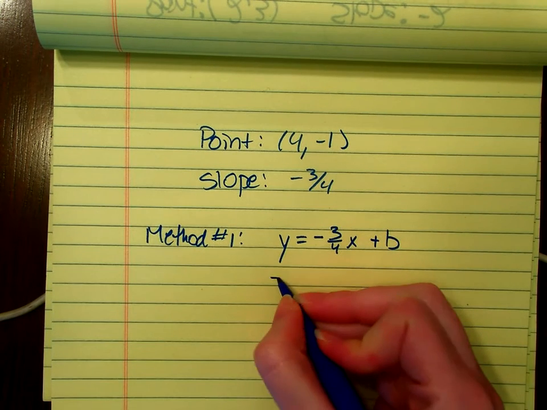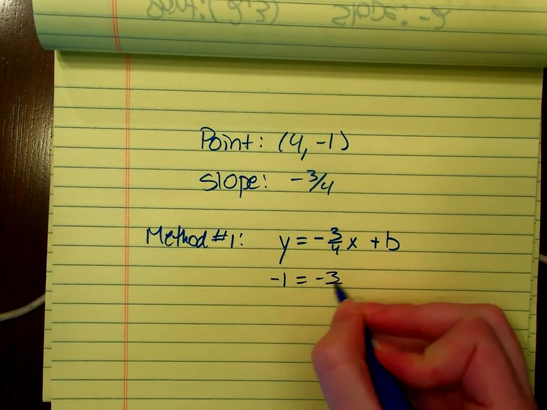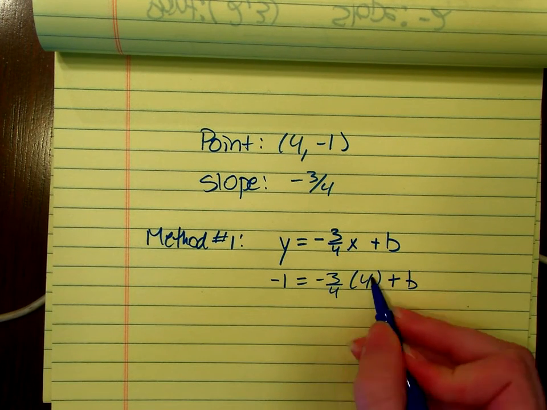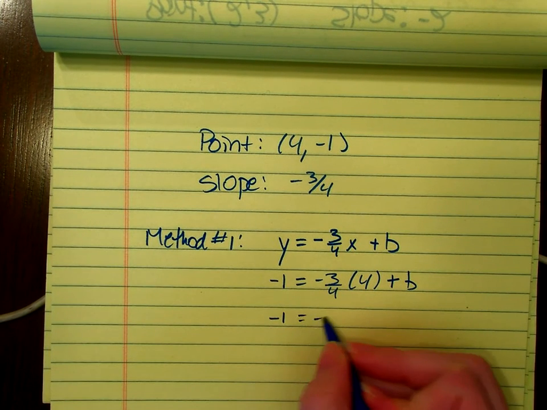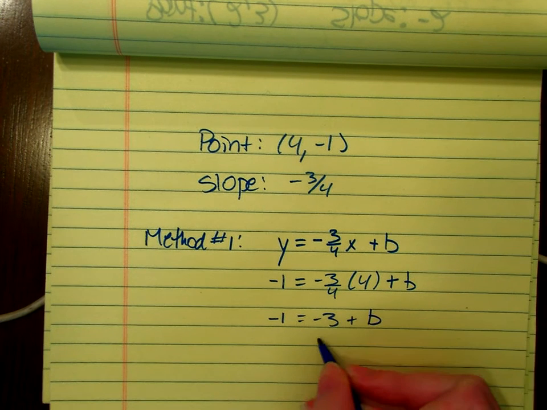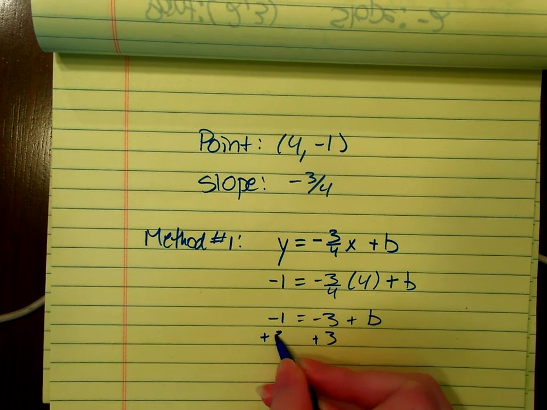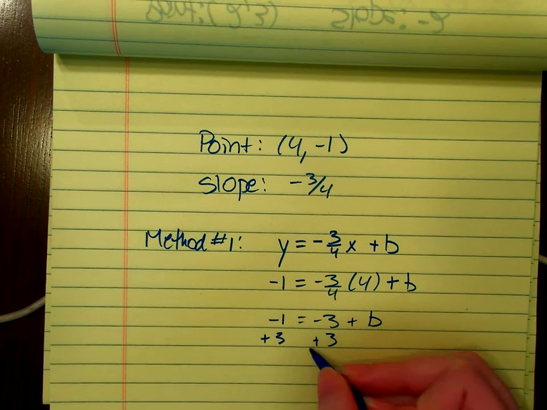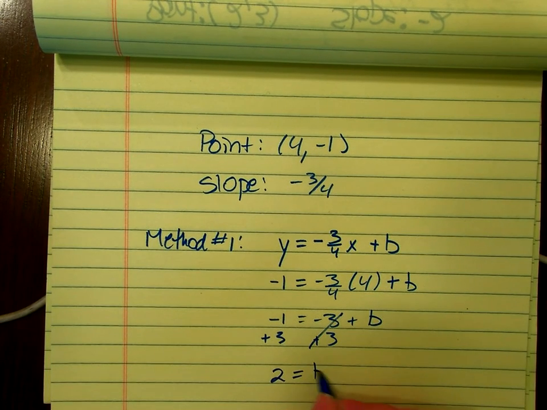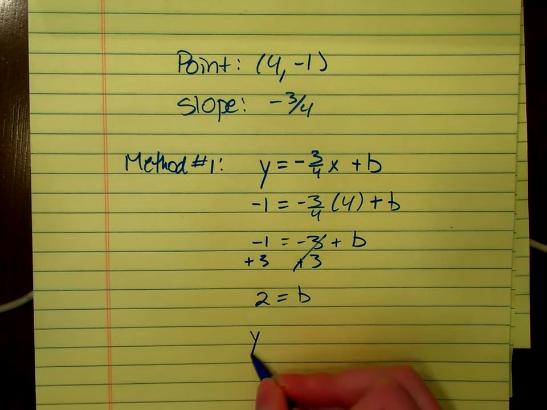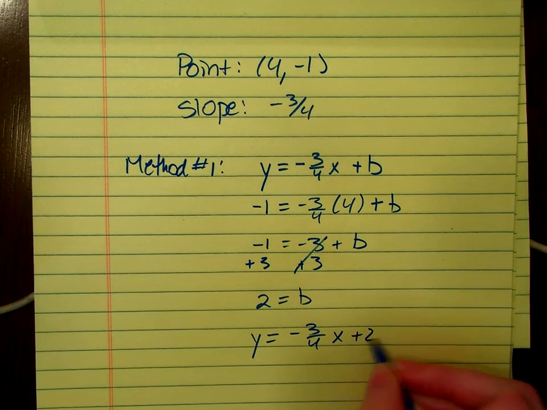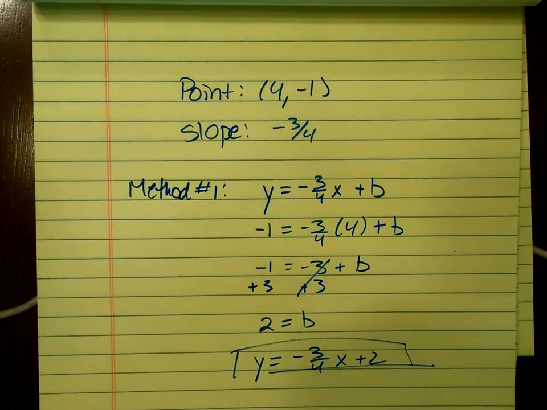We're going to go ahead and plug in -1 for y. We're going to plug in 4 for x. -3/4 times 4 gets me -3. We've always happened to be adding to undo a negative number, but if you've got a positive number there, you want to subtract. So then we get 2 is our y-intercept. So my final equation is y equals -3/4 x plus 2.